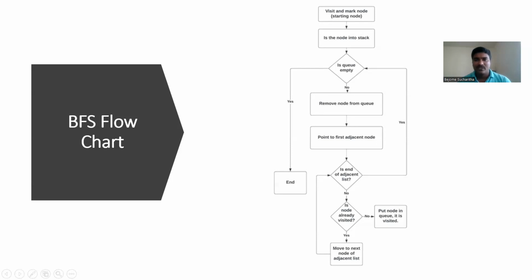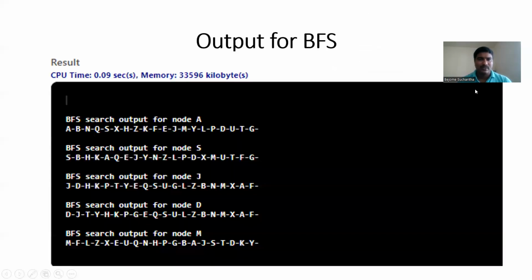If it is empty, it goes to the end. If it is not empty, then it removes a node from the queue and points to the first adjacent node, and goes to the next stage, the end of the adjacent list. If yes, it goes to the end. If no, it goes to check whether the node is already visited. We are using this method in the BFS, and this is the output of breadth first search.